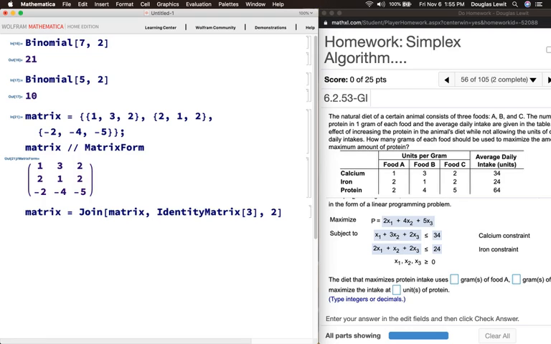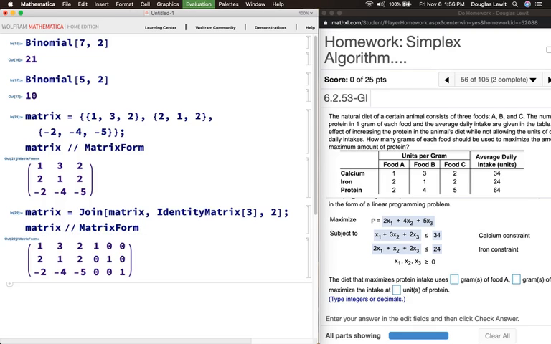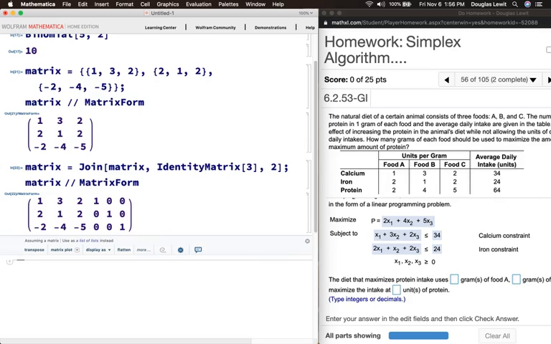And the reason I'm using level 2 is because a matrix in Mathematica is a list of lists. So you need that number 2. Matrix form. Okay, so this is slack variable 1, this is slack variable 2, and this is going to be p.